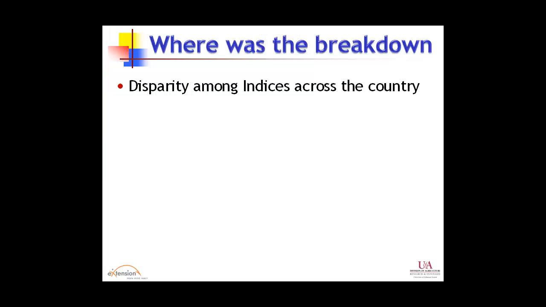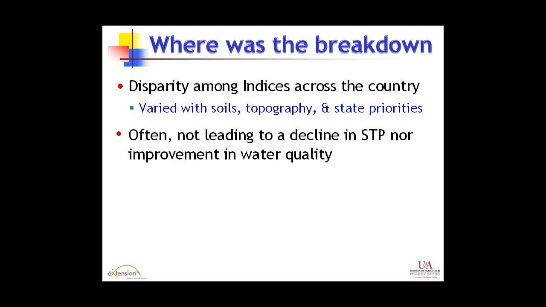So where did the breakdown? That's all nice, but where did the breakdown? Because there was a lot of disparity across the country in indexes, and they varied with soils and topography, and that's what they should have done. But we got a lot of criticism. We started to get criticism over the last few years that we were phosphorus researchers developing our own tool, managing our own tool.